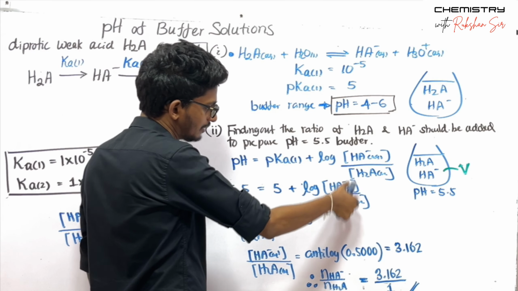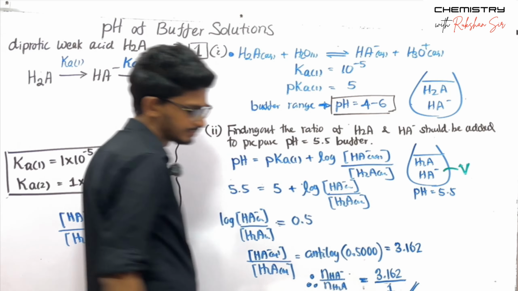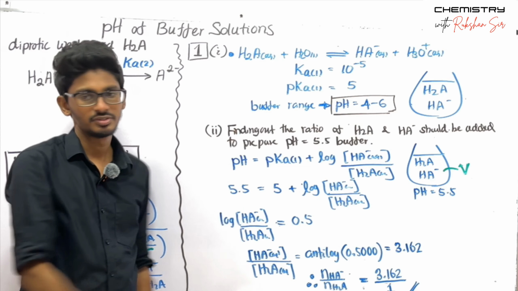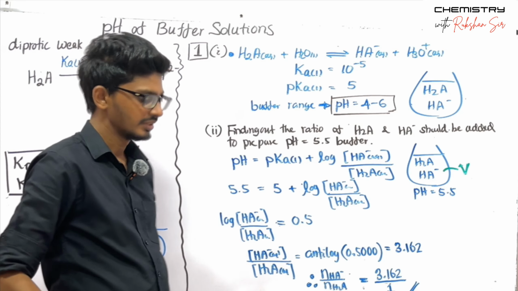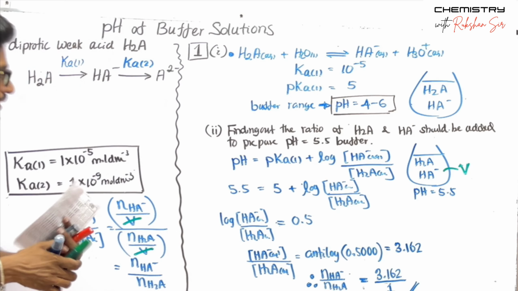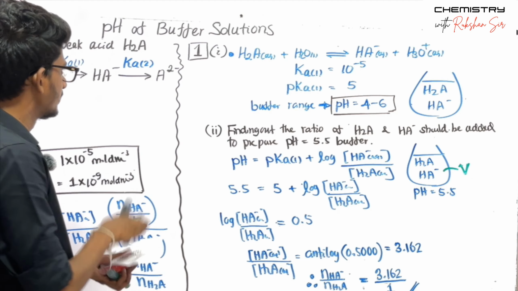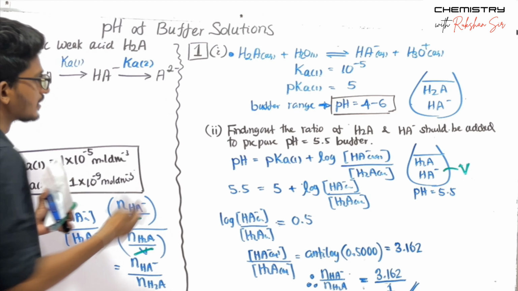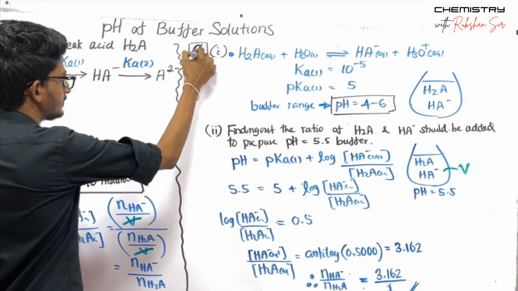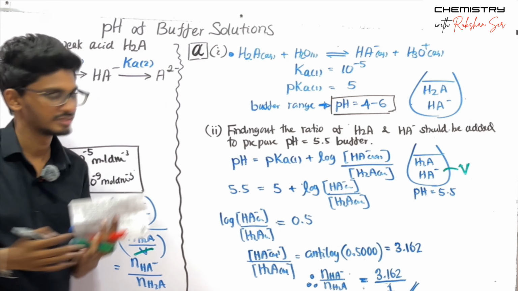The concentration ratio is the same as the mole ratio. Mole ratio, that is what they ask. So complete this stuff and then we can do the second question as well. This is actually part A, right? Question number 1, part A. Complete this stuff.